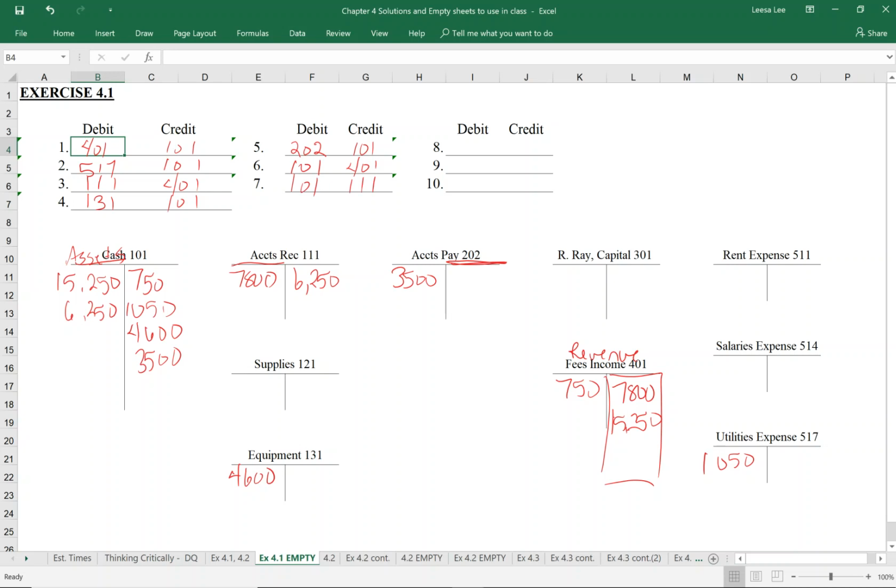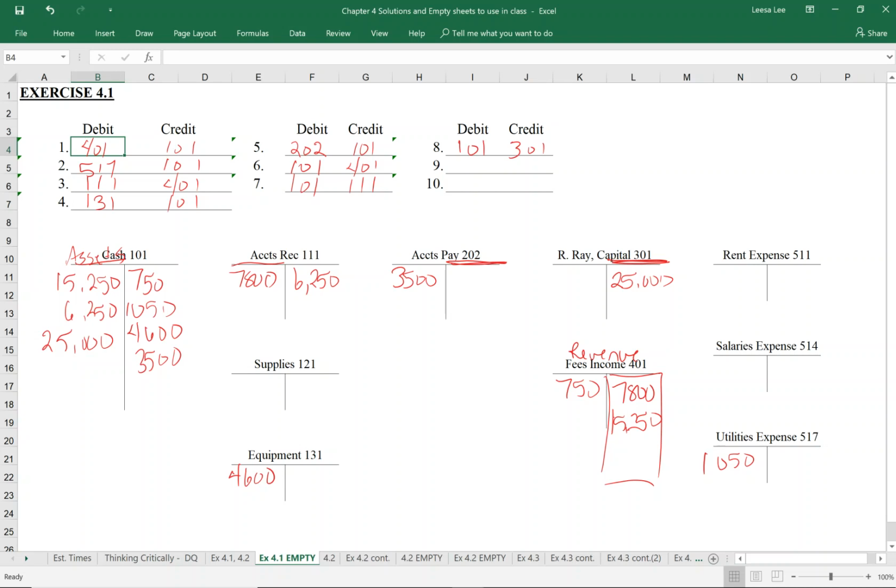Okay, 3 more. Number 8, the owner made an additional investment of $25,000 in cash. We're adding cash, and we're adding to our capital, which adds on the credit side. So that is 101 and 301.